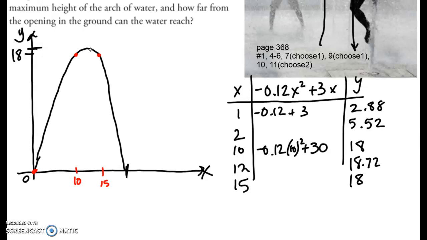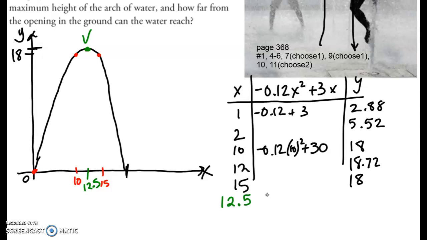Okay, so we know this gives us a lot of clues. We know the vertex then is the maximum point of this spraying of water, happens at that exact point. The point right in between 10 and 15, which is what? 12.5 feet. Okay, let's try 12.5 now, because we don't know exactly what y is.